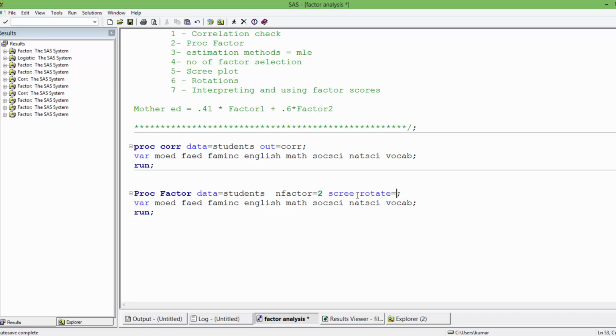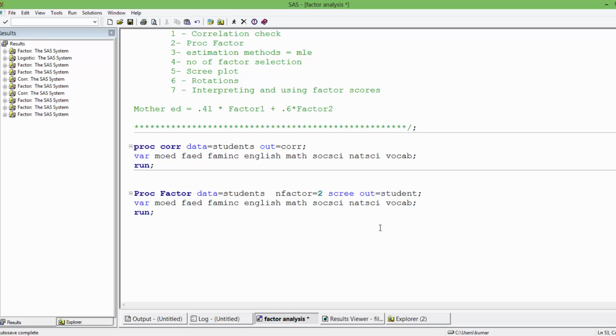But before rotation, let me tell you how to get factor scores. When we combine variables, we need to get the factor score, the actual number. If you study that first and then go to rotation, it will be easier to understand, because things are sometimes confusing. We get it by using the out option.